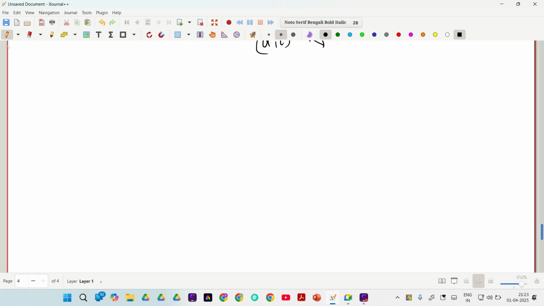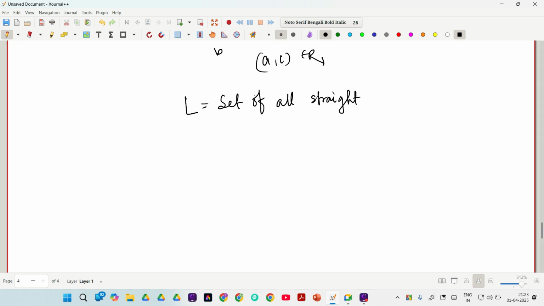Now real life examples. The best example is: suppose L is the set of all straight lines on the XY plane.